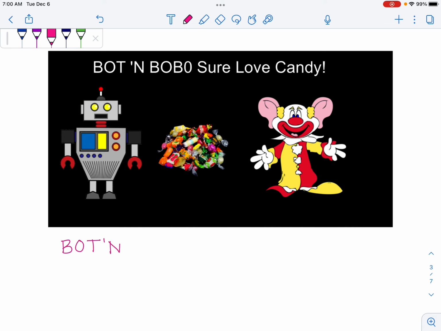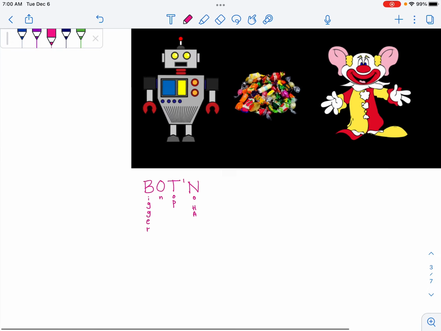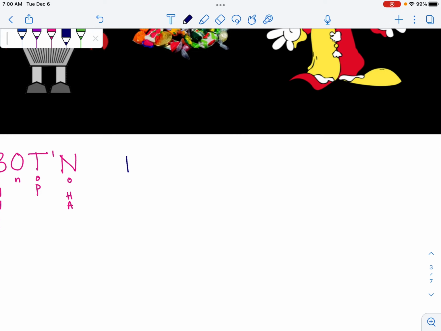And what Bot and Bobo sure love candy really stands for is, we're going to start with the first four, Bot. This stands for bigger on top, no horizontal asymptote. Bobo stands for bigger on bottom, y equals 0.